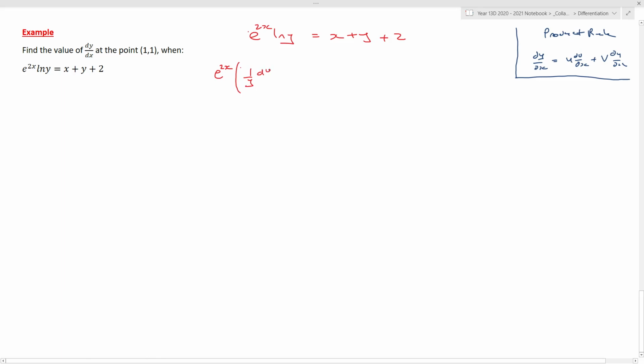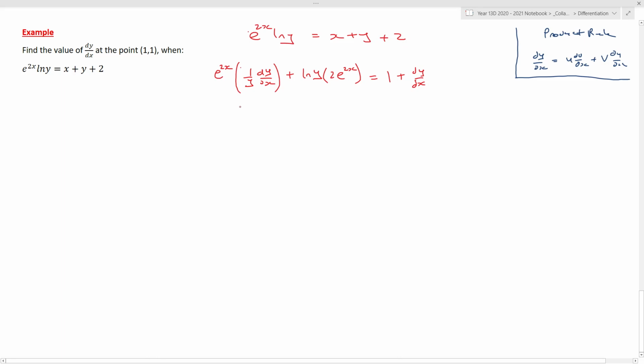But remember, we have to write dy by dx next to it. Plus, this time we write log of y, which is v, and then differentiate e to the power of 2x, which is 2 e to the power of 2x, is equal to, differentiate x with respect to x is 1, plus differentiate y, you just get 1, but remember we've got to write dy by dx times that 1, and you differentiate a constant, you get 0.